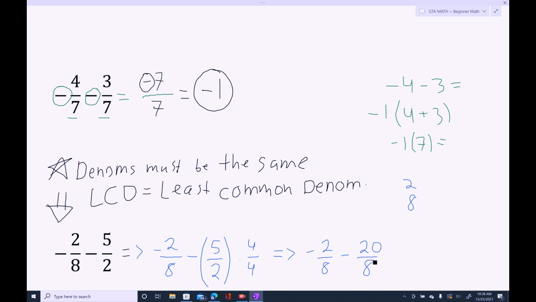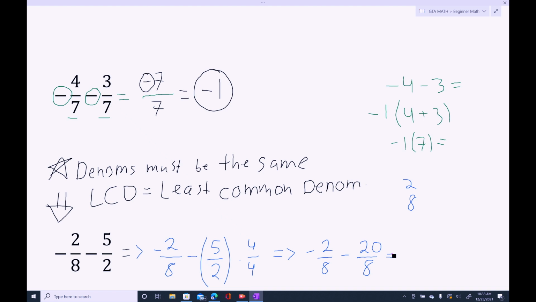When I see this, I go, okay, now we can subtract. If this bothers you, having the negative 2 minus 20, we can do the same thing we did before because we have 2 negatives.